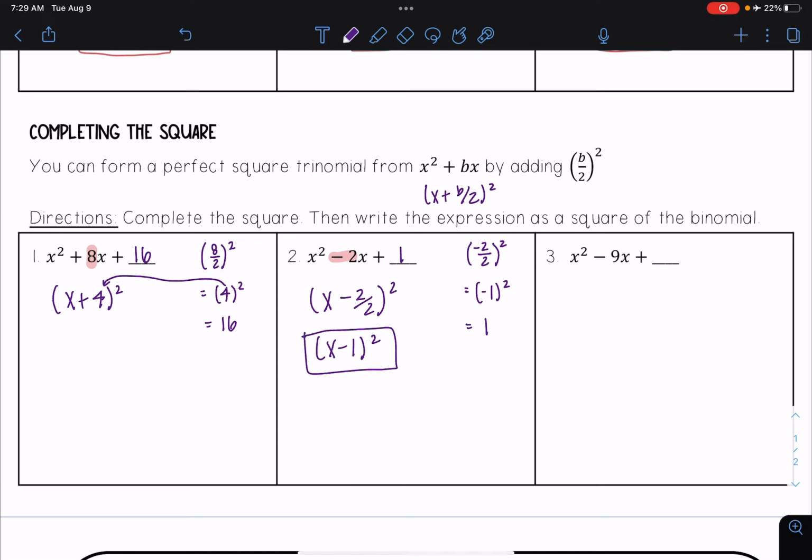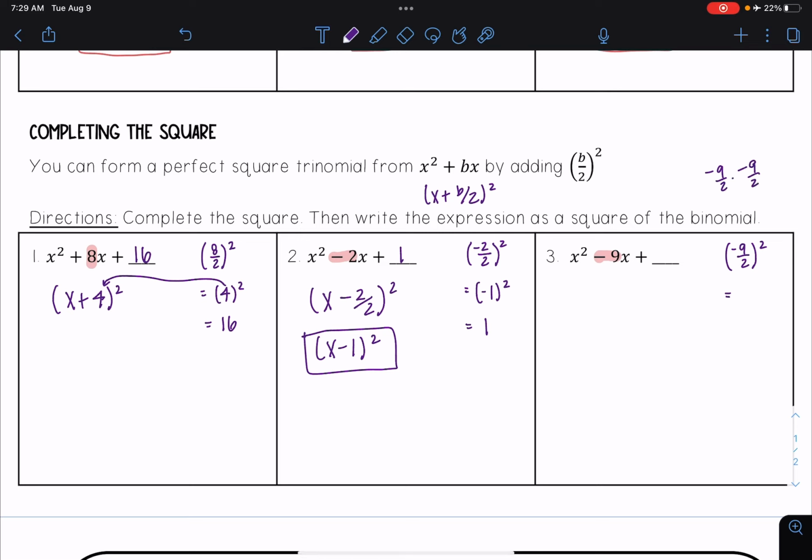Let's look at one more. Here I have x squared minus 9x plus, let me figure out what I need to add. Here my b term is negative 9. And so I have negative 9 over 2 squared. Well, when I square that, that's really the same thing as negative 9 halves times negative 9 halves.